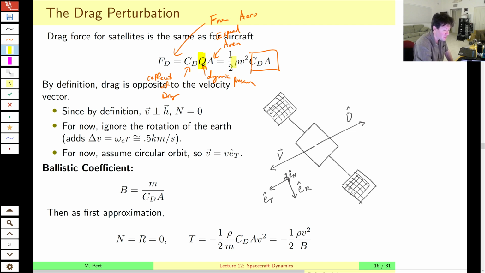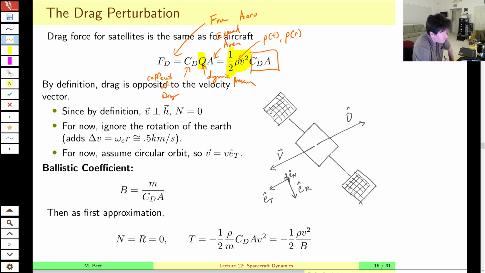Specifically, this dynamic pressure, right, is just 1/2 rho v squared, right. And this rho depends on altitude.